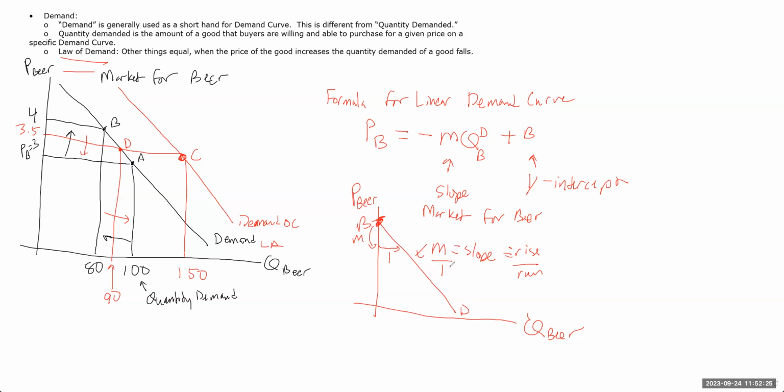That's what the slope tells us: the relationship between unit price and the amount being purchased.